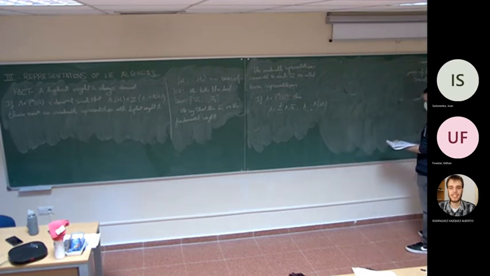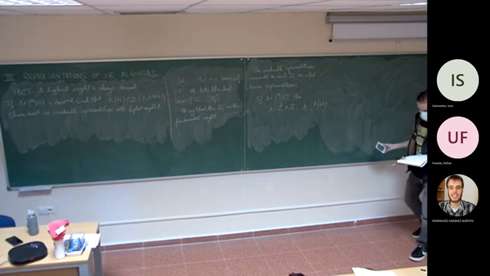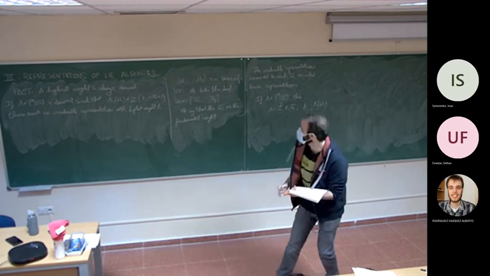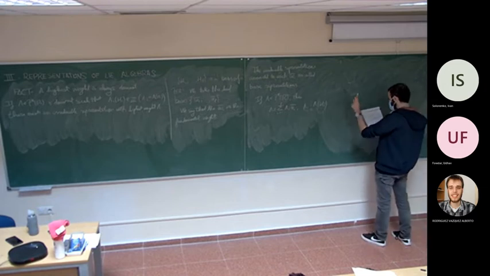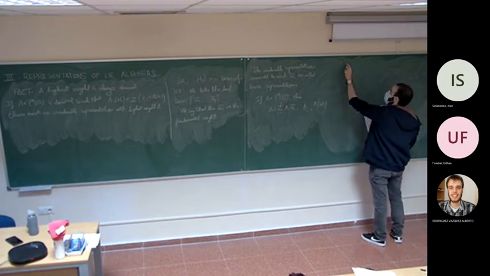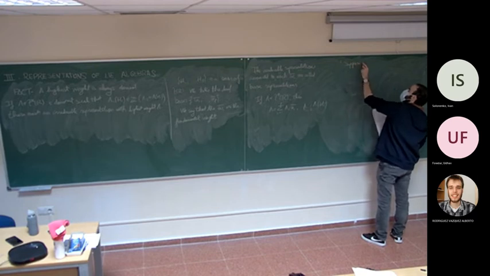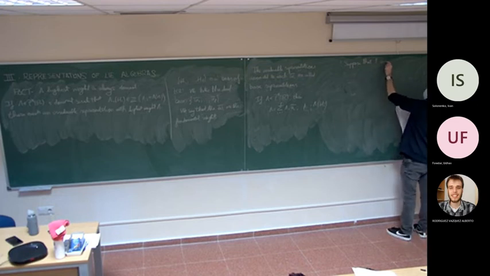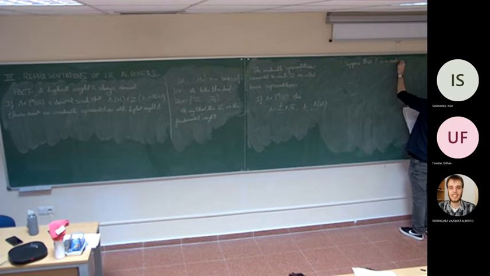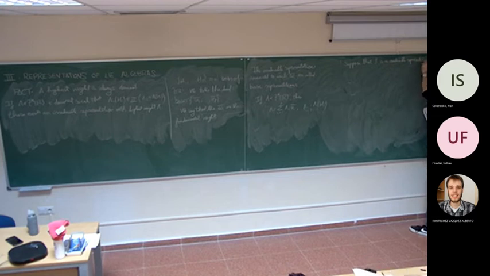And from this, you can construct a Dynkin diagram for the representation. Suppose that rho is an irreducible representation with highest weight lambda.